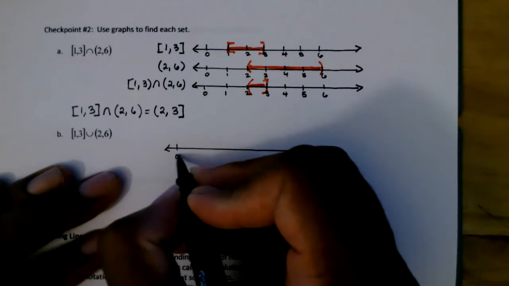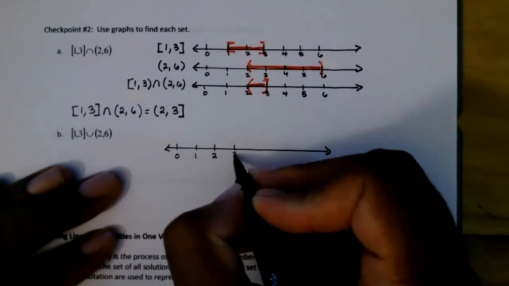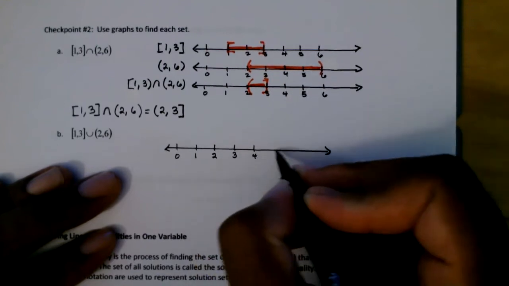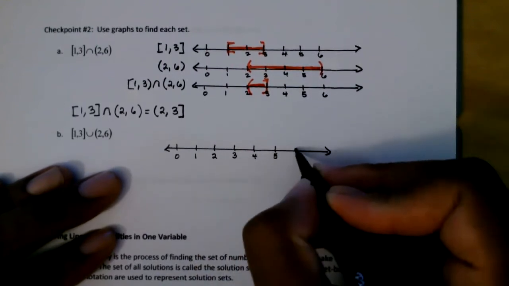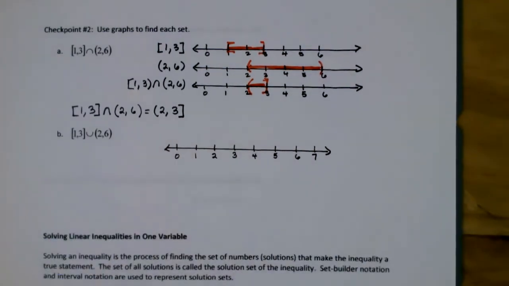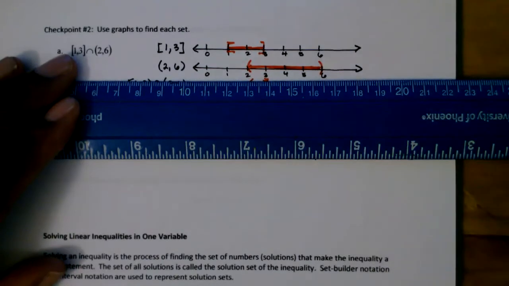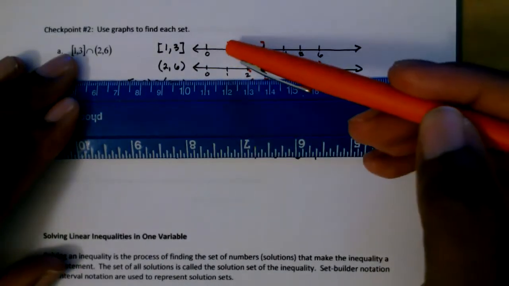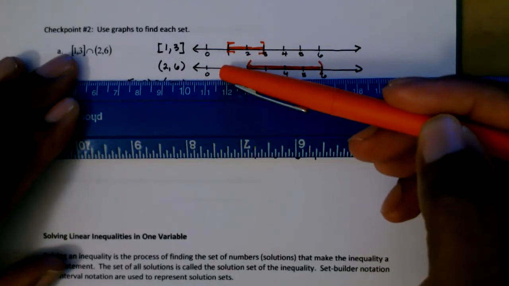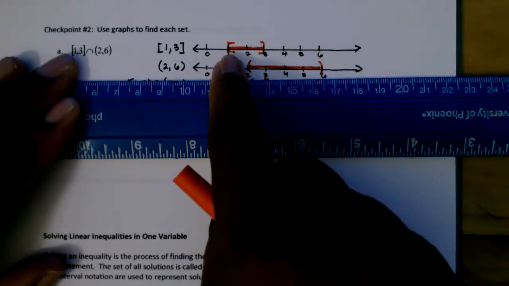So when I'm finding the union, I need to take the furthest endpoint on the left and the furthest endpoint on the right of those two intervals. Okay, so now I'm going to cover this up. Taking a look at these two, the furthest endpoint on the left would be right here at 1.